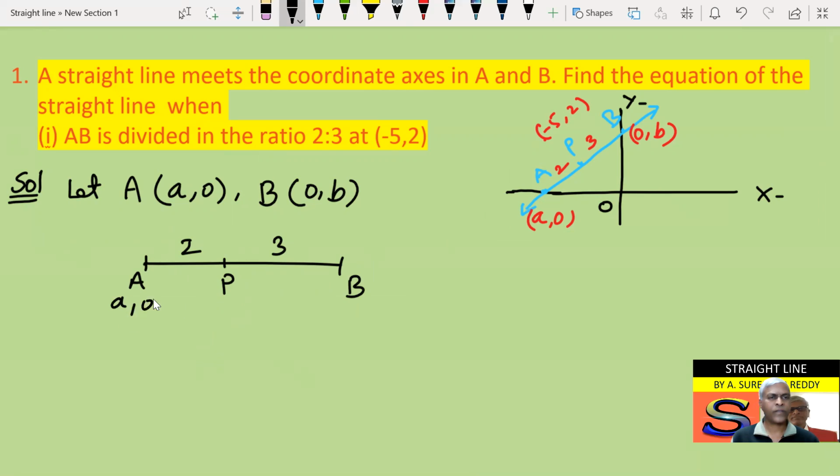This is A comma 0, this is 0 comma B, and P is -5 comma 2.